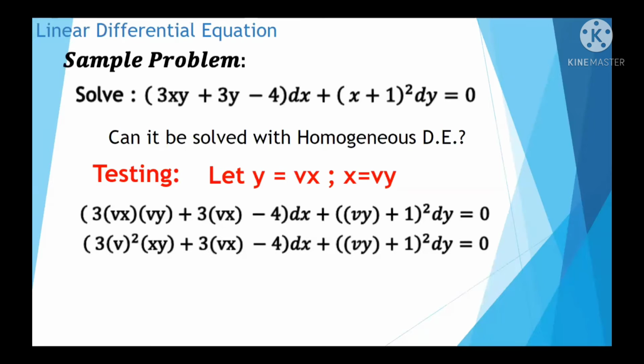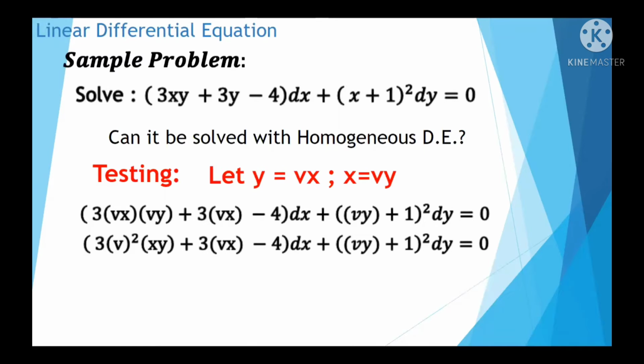Now, if we substitute all of the values into dx and dy, we will have 3Vx Vy plus 3Vy minus 4 dx plus Vx plus 1 squared dy. To know if it can be solved by homogeneous DE, all of the V should be eliminated out of the equation. If it can be achieved, then it can be solved by homogeneous DE.